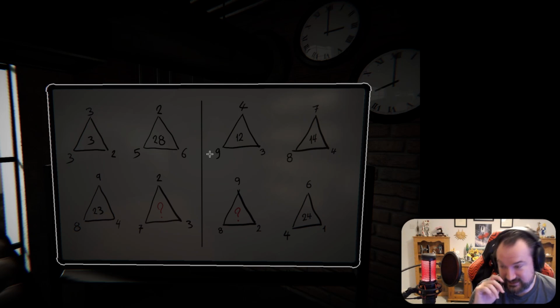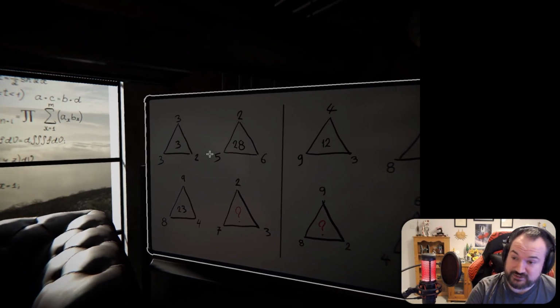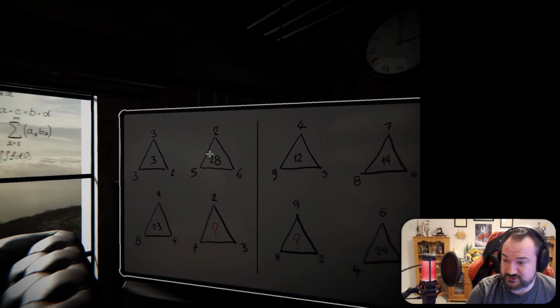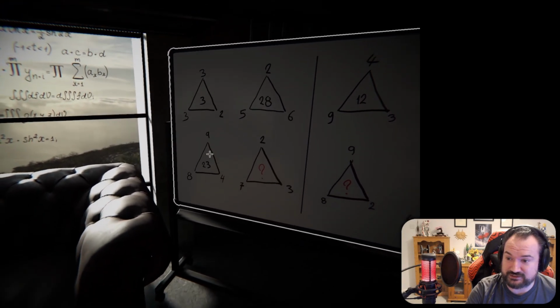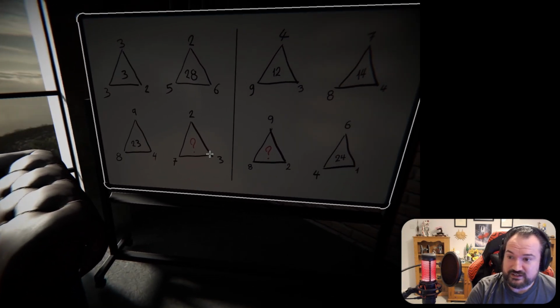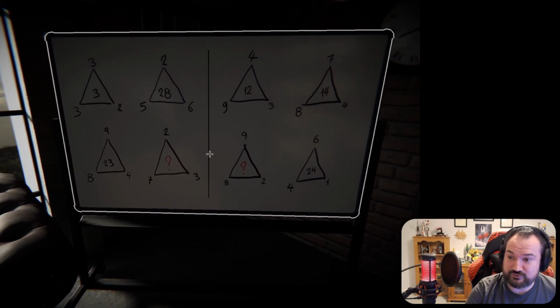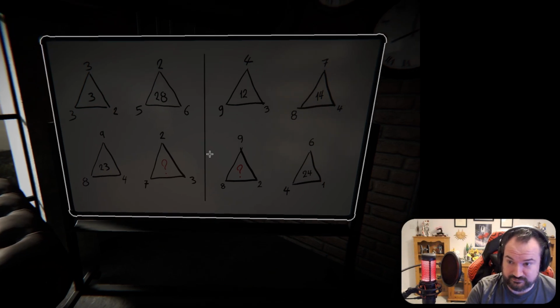Yeah, okay, I see it. You multiply the bottom two numbers and you take away the top number, right? So 8 times 4 is 32, and you take away the 9, that's 23. So 7 and 3 is 21, you minus the 2, that's going to be a 19. Okay, so we've got 19.